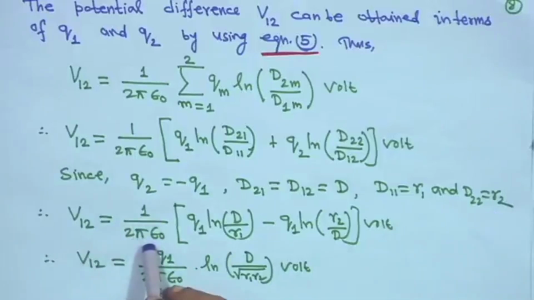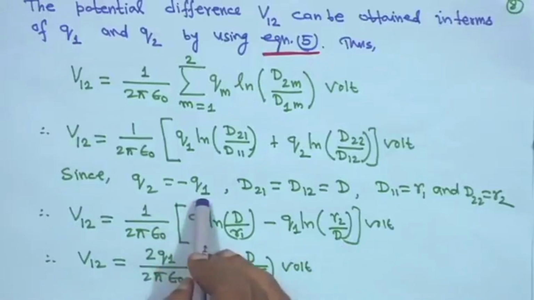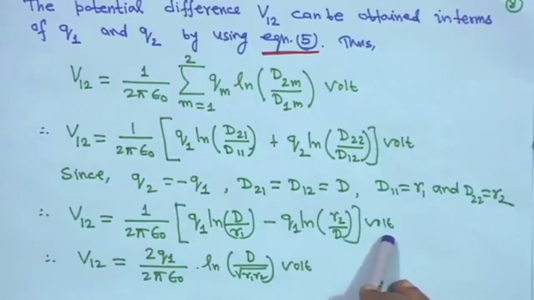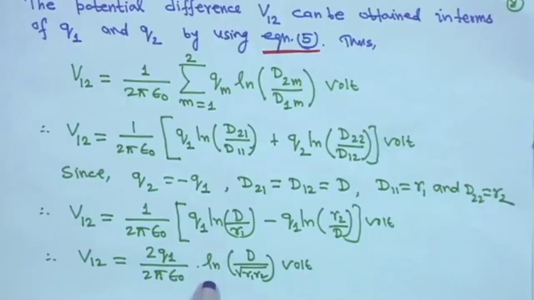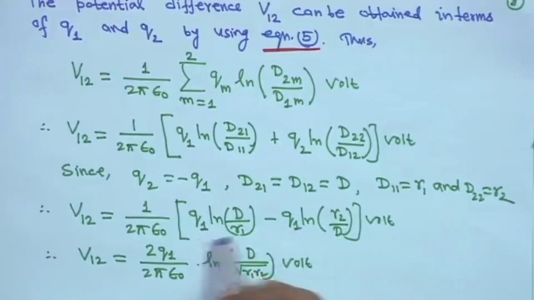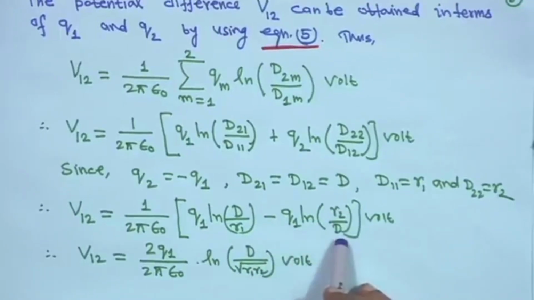So, d11 is equal to r1 and d22 is equal to r2. Therefore, V12 is equal to 1 upon 2 pi epsilon 0 times q1 ln d upon r1 minus q1 ln r2 upon d volt, because q2 is equal to minus q1. Therefore, V12 is equal to 2 q1 upon 2 pi epsilon 0 ln d upon square root of r1 r2, because if you take q1 common, it will be ln d upon r1 plus ln d upon r2, since it is minus ln r2 upon d.